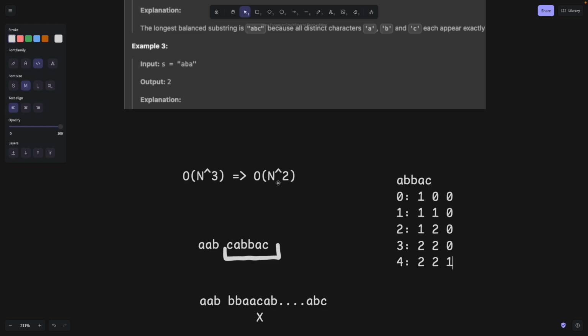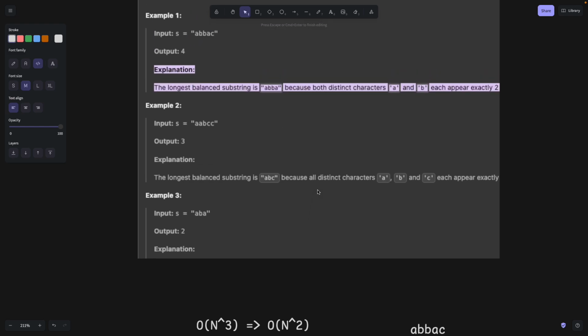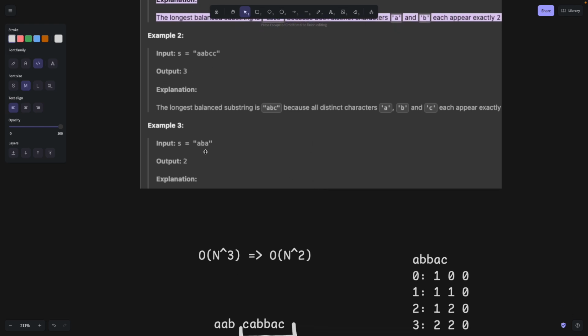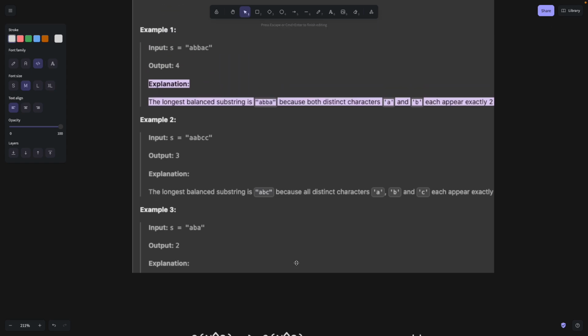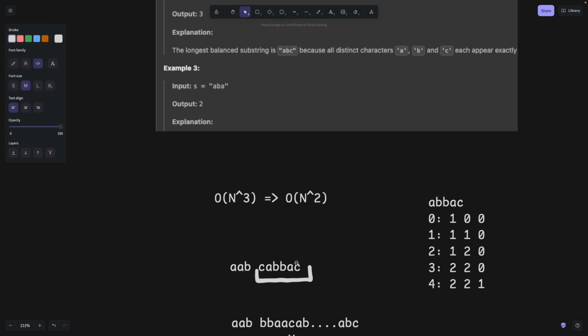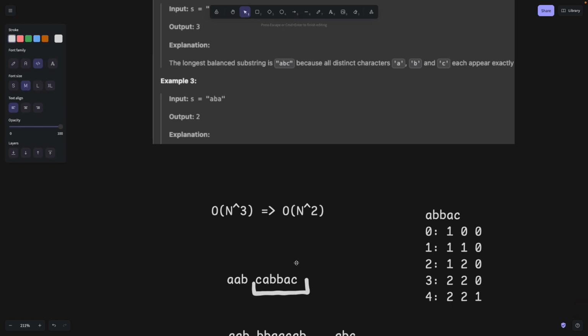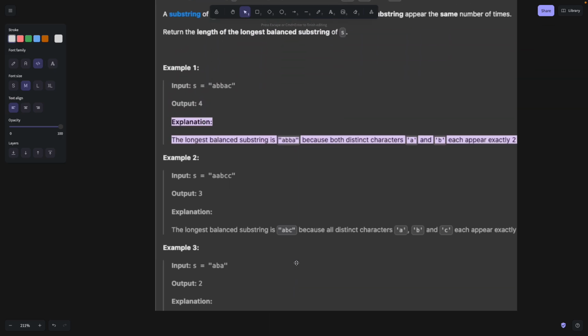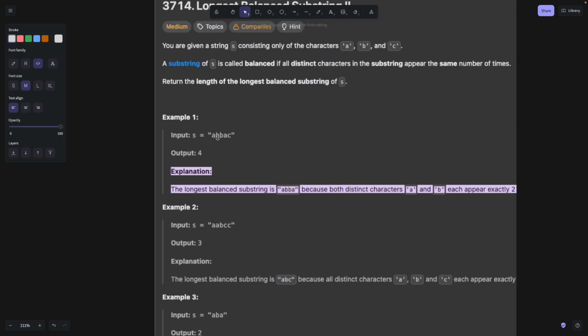This is one approach, but since our constraint is that the length of the string could be up to 10 to the power 5, an n square solution will not work here. So the more optimized solution that we can come up with is, what if we divide this problem into 3 segments?